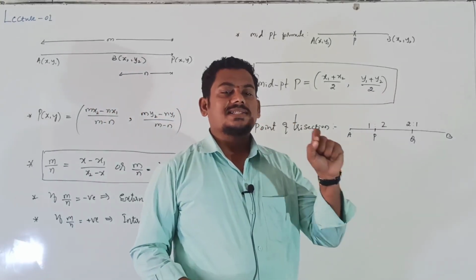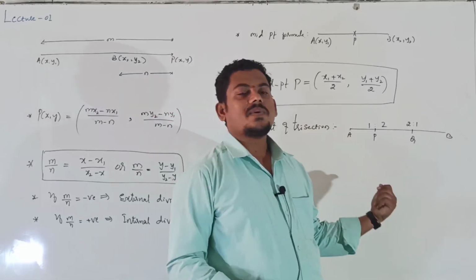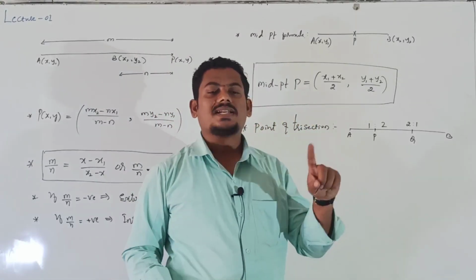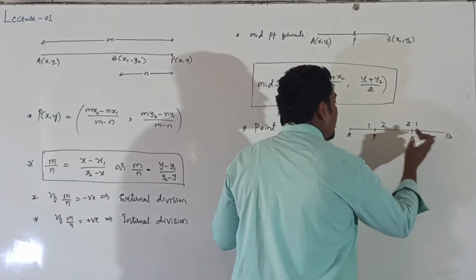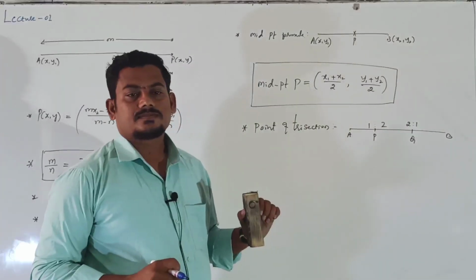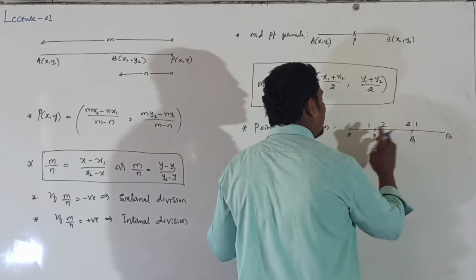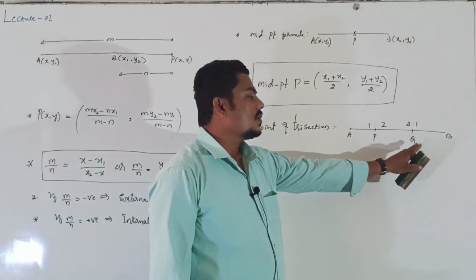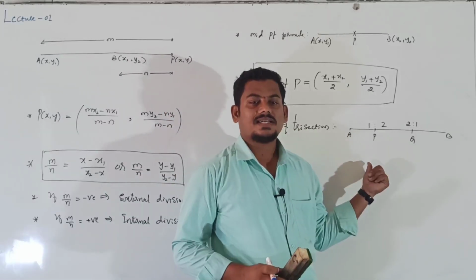P and Q are said to be points of trisection when P divides AB internally in the ratio of 1:2 and Q divides internally in the ratio of 2:1. I think you understand, right?